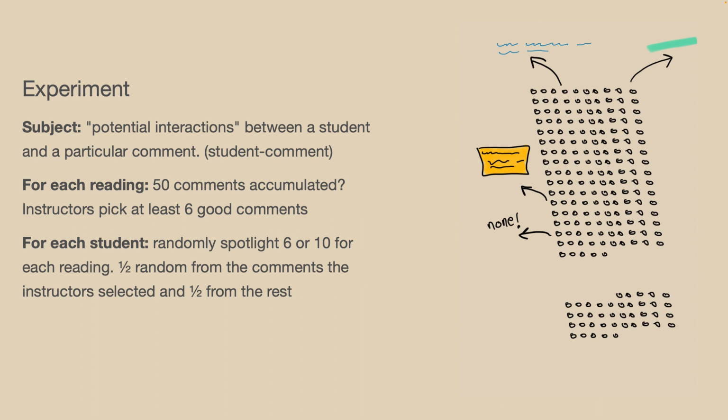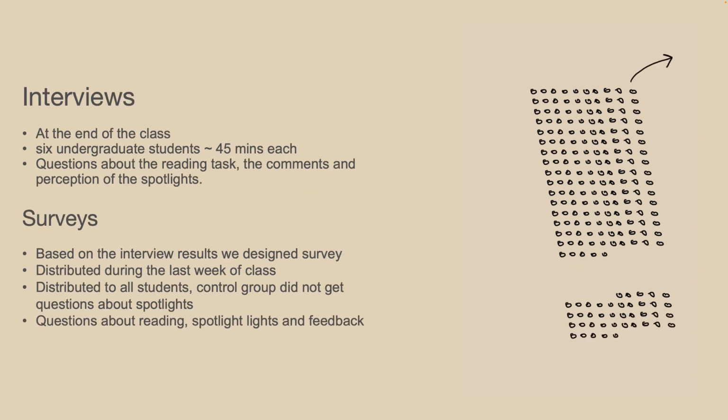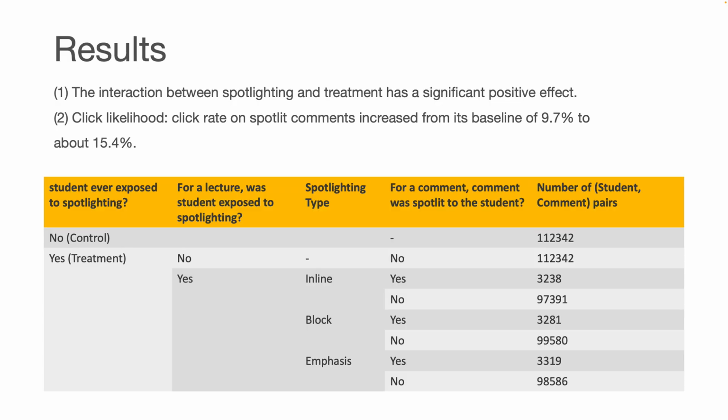Half of those spotlit comments were random from the comments that the instructors selected and marked as high quality, and the other half were from the rest. We also conducted interviews and surveys asking students about their reading and learning experience with and without spotlights.